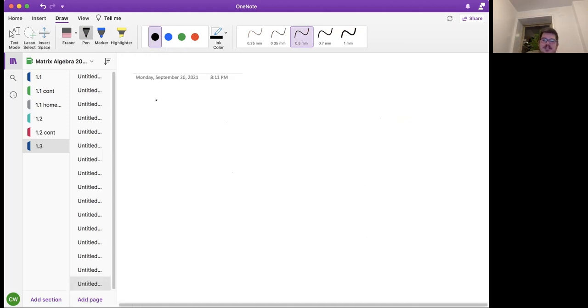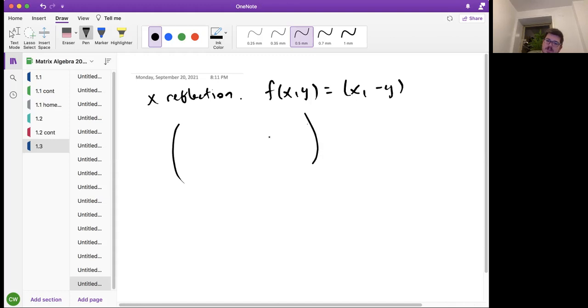So let's do an x-axis reflection. Remember, this was f of x, y equals x, negative y. So let's think about the matrix.